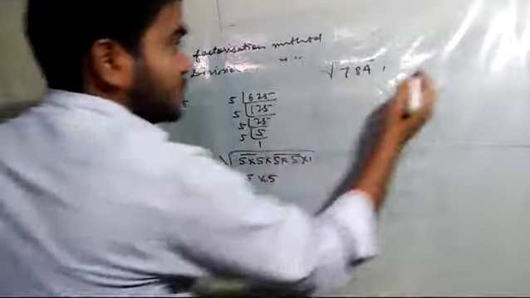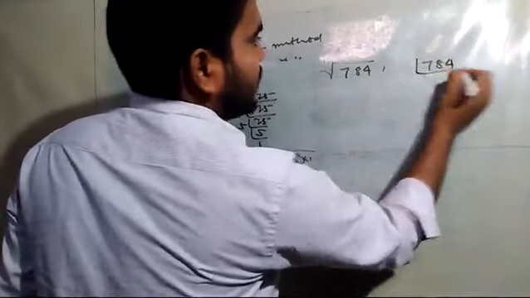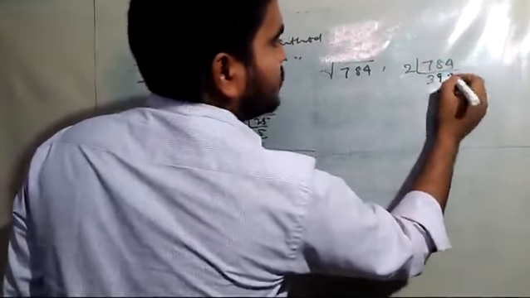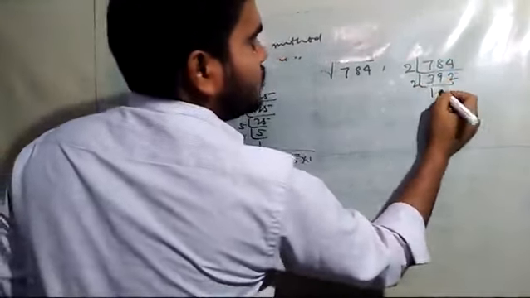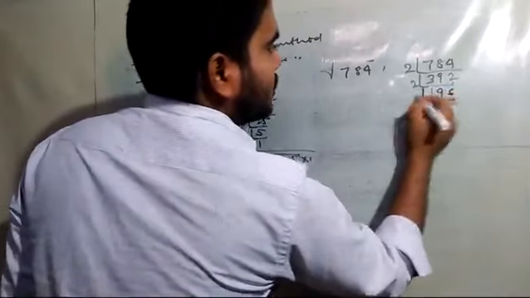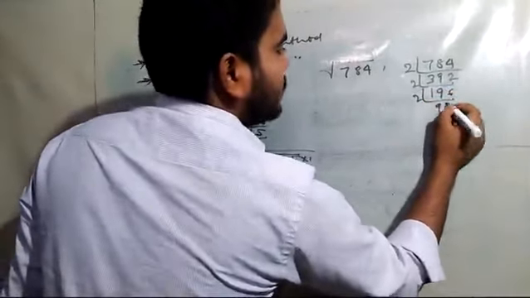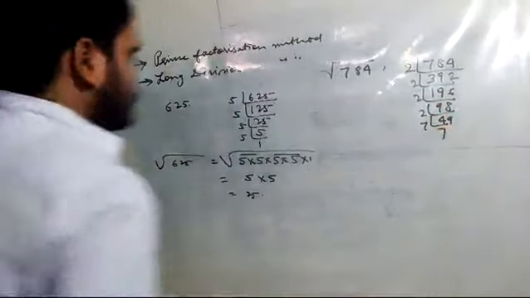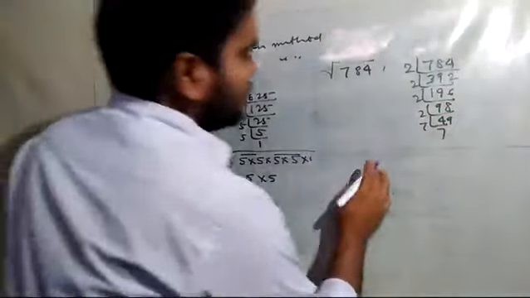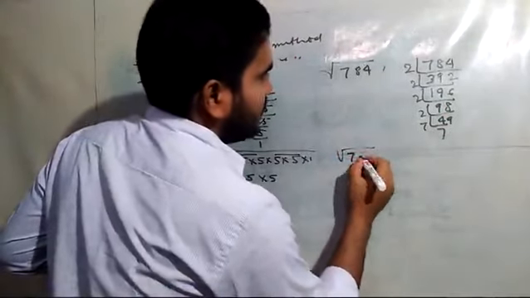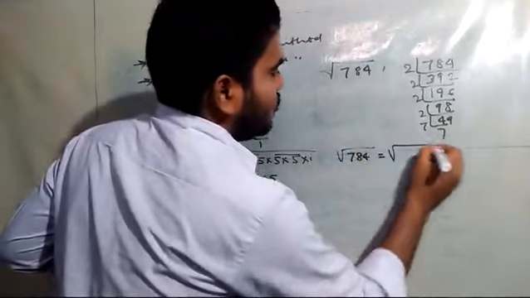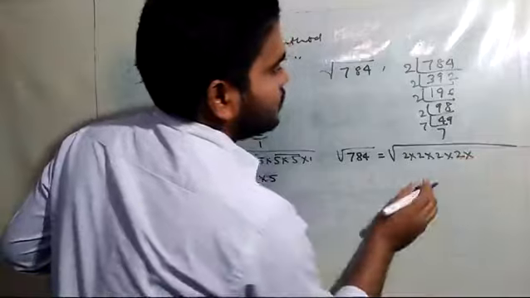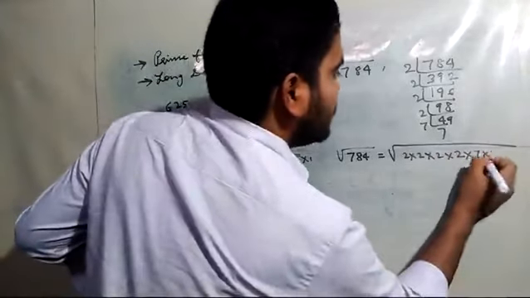So first we will use the prime factorization method. 2 twos are 4, 2 nines are 18, and so on, until we get the prime factors. So 784 will be root of 2 multiplied with 2 multiplied with 2 multiplied with 2, 4 times, then 7 into 7.